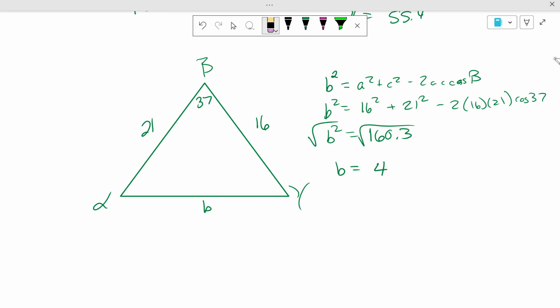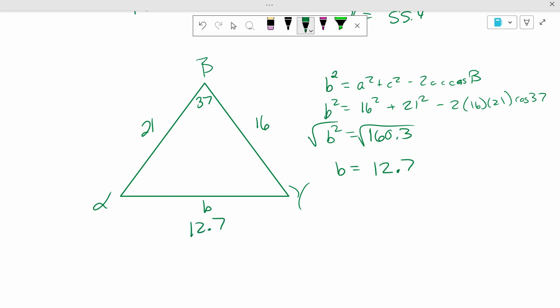No. Something doesn't look right. Yeah, a bit over 12. I was thinking 1600, not 160. Sorry. So it's 12.7. That makes more sense.